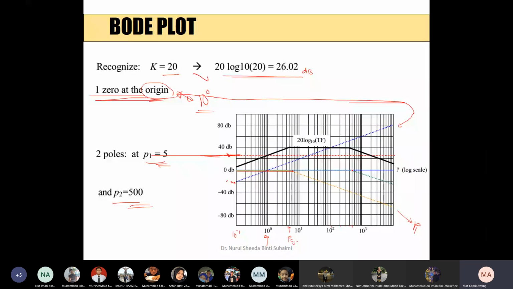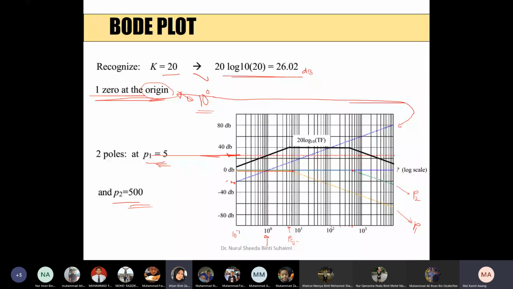So anything below 500 is 0 dB, and anything above 500 slopes negative, minus 20 dB per decade. So this is contributed by P2.